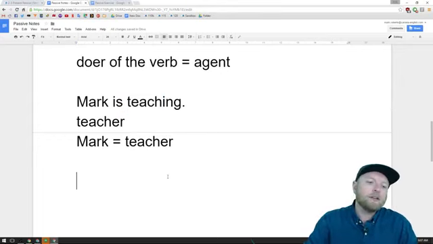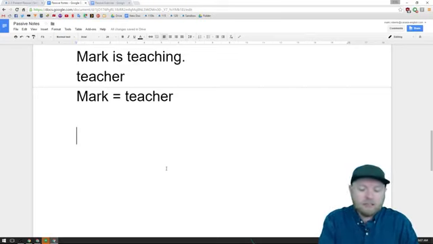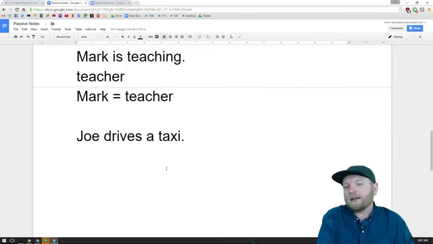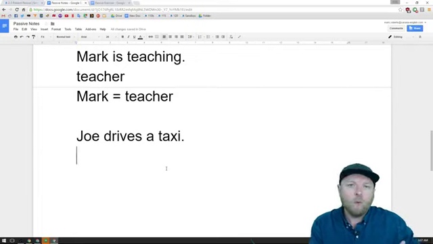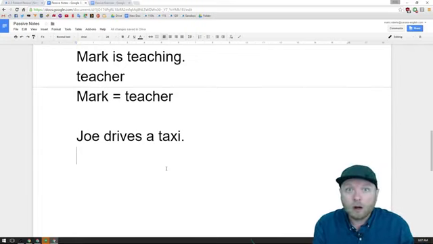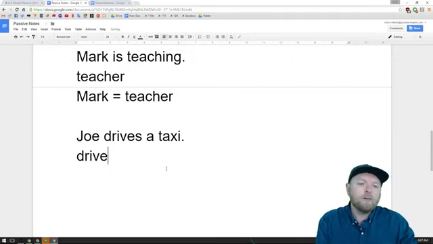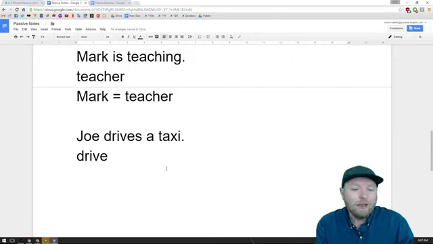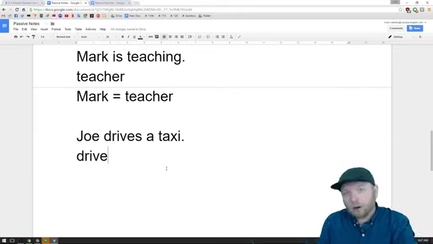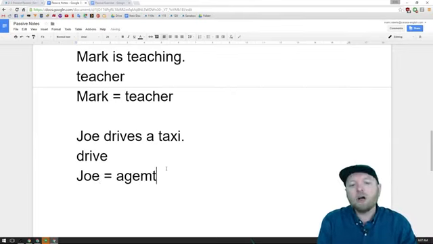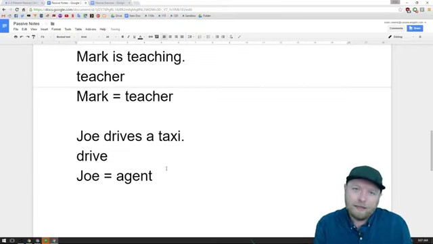Let's look at another example. Joe drives a taxi. In this sentence, who or what is the doer? Well, what's the verb? The verb is drive, right? So who is the driver? Of course, Joe. So in this sentence, Joe is the agent.